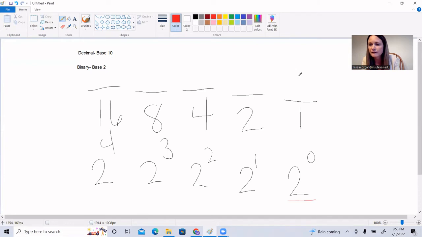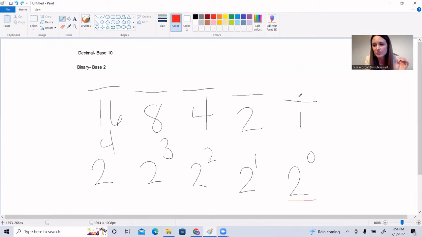So I could either have a 0 right here, and that would just be the number 0. I could have a 1 right here, and that would be the number 1. Easy peasy. But if my only possible digits are a 0 and a 1, how do I represent 2? I can't write the number 2. I do not have that as a possible digit.